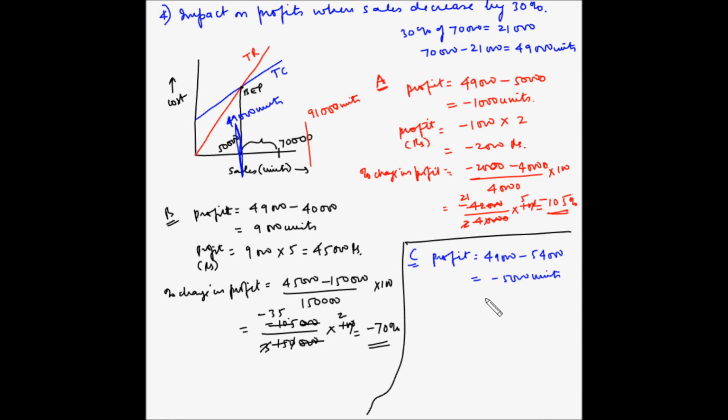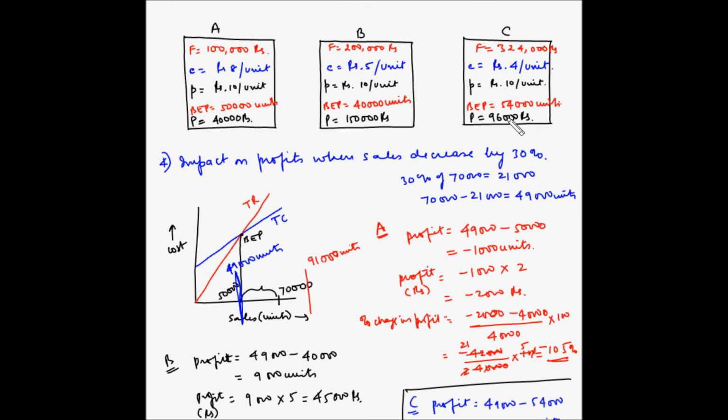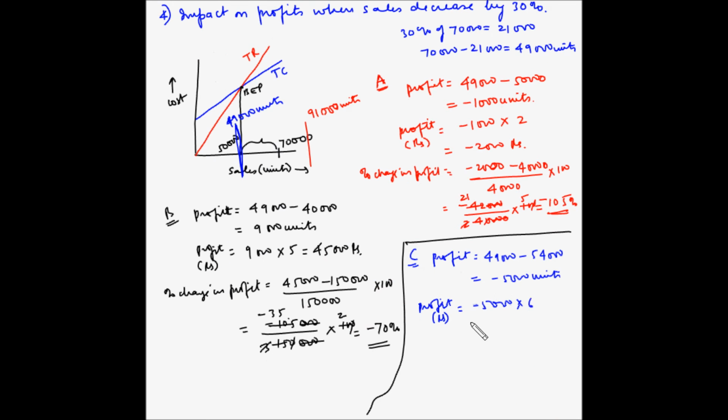So basically the company is incurring a loss of 5,000 units. Again, profit in terms of rupees is minus 5,000 multiplied by 10 minus 4, which is 6. So 6 5s are 30,000 rupees.